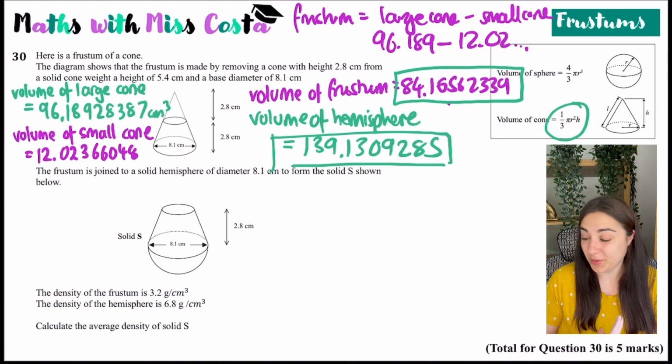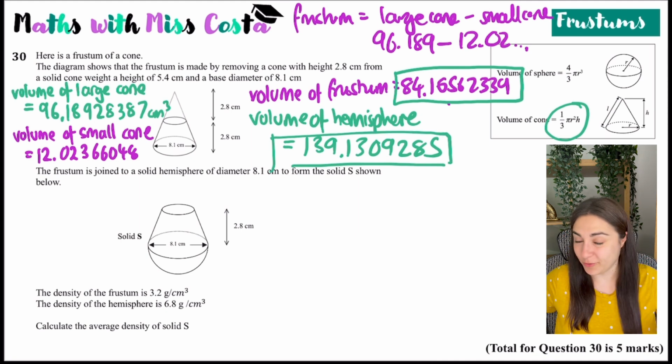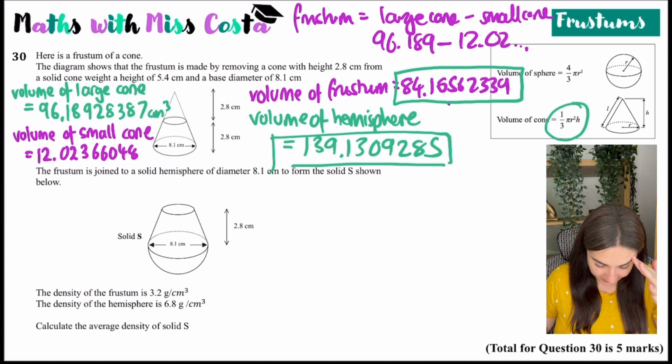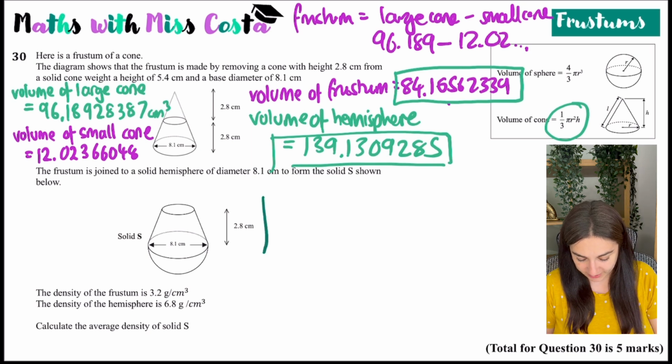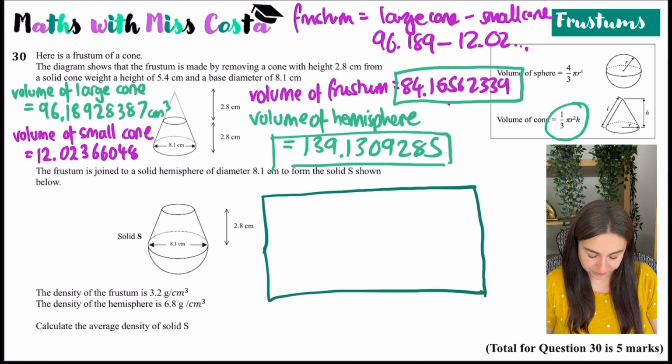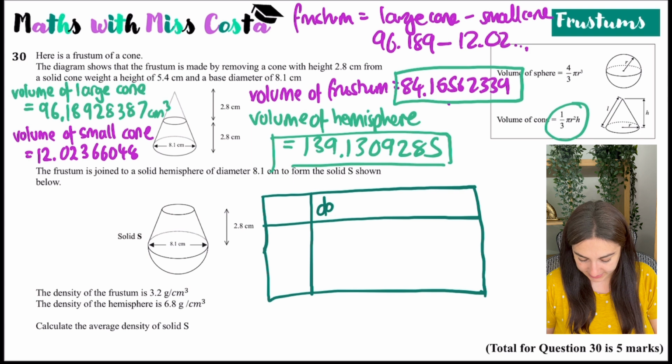So because I'm talking about density, and I've got two different materials that have different densities, I am going to need to do some working out. So it really helps actually to do a two-way table to just gather all of this information. So you've got your density, mass, and then volume.